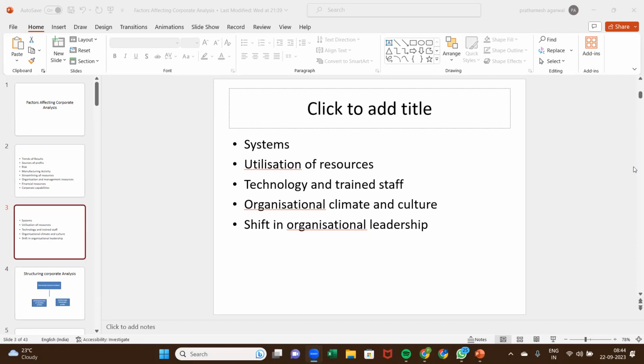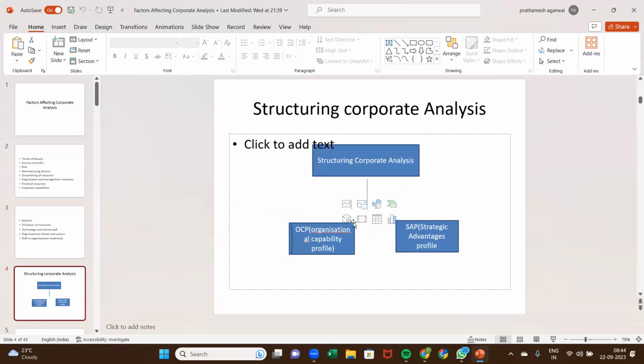So, when there is a shift in organizational leadership, there is a reorientation of everything, because again we need to reset the culture of the organization.